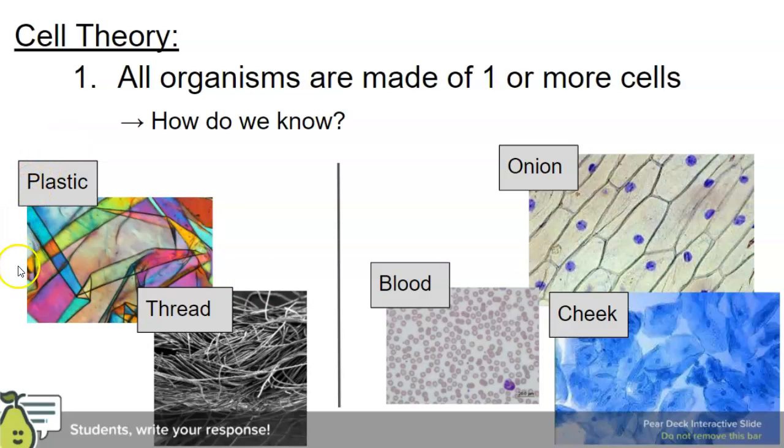The ones on the left are not living, and we can see there aren't really any circular shapes there, no cells. The ones on the right are living, and there are these repeating, somewhat circular shapes. So these are cells. What scientists did is they looked at certain things under the microscope and saw that living things had cells, and when they looked at non-living things, they saw that they weren't made up of cells.